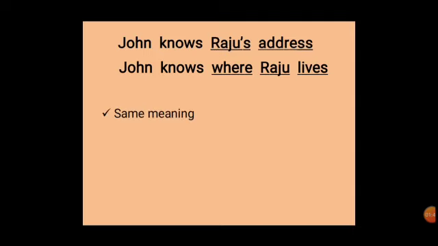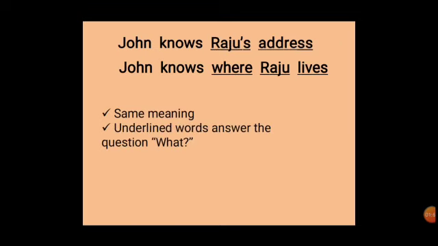See here, both the sentences convey the same meaning, and the underlined words answer the question what. If I cover up those underlined words, how will the sentence be? John knows what? So the underlined words in both sentences answer the question what.